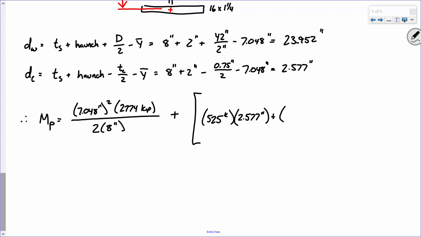We got Pw, 918.75, times 23.952, plus 1,000, and then 45.577.